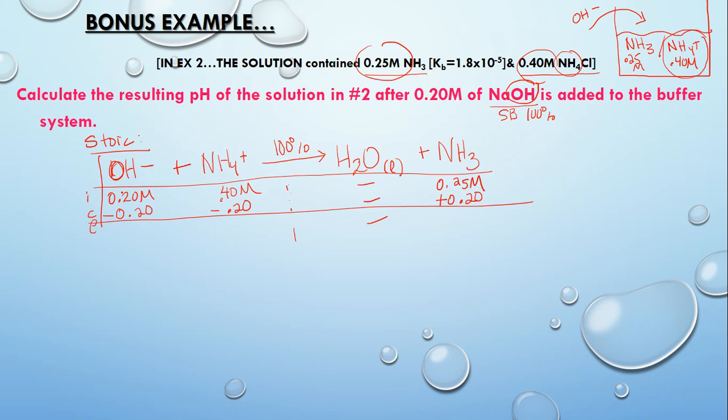Now let's do the math. This leaves you with none of the hydroxide, because that's the whole goal: the ammonium ion is going to completely consume hydroxide. In that process, 0.40 minus 0.20 leaves me with 0.20 molar of the ammonium ion. And here we're adding 0.25 plus 0.20, and that's going to give me 0.45 molar.